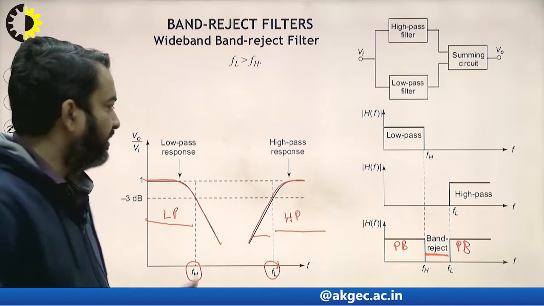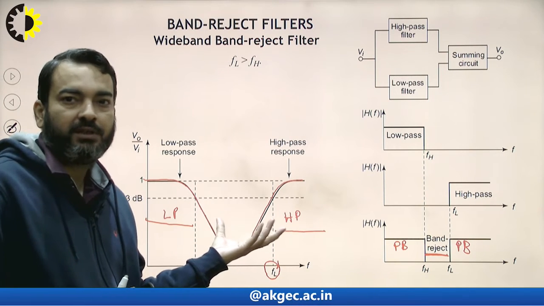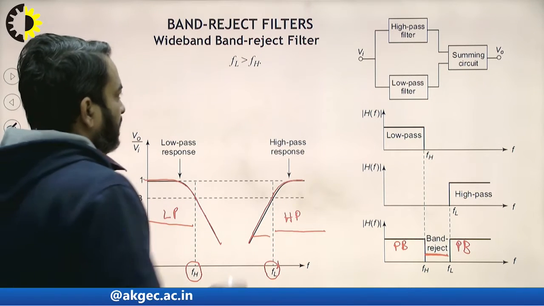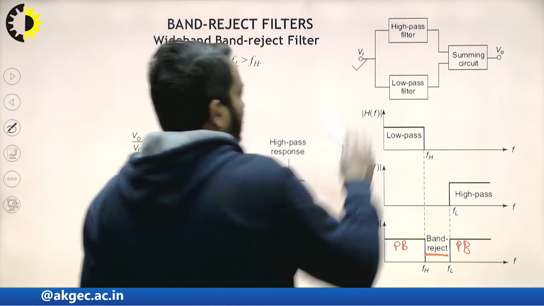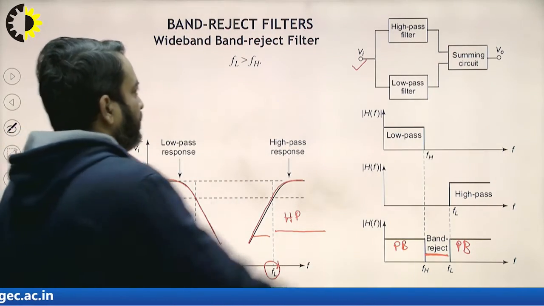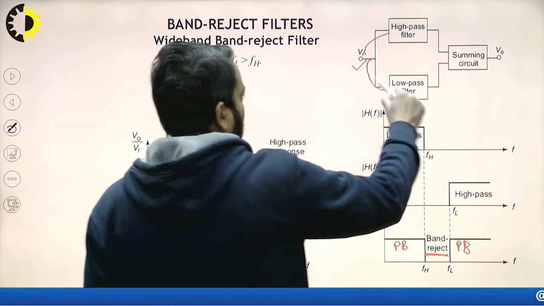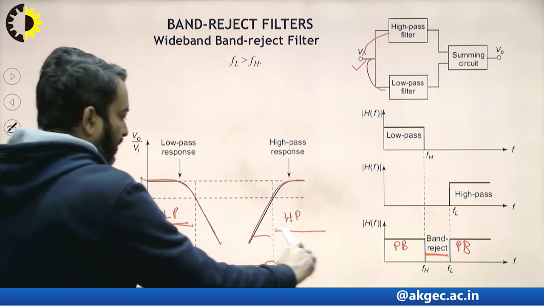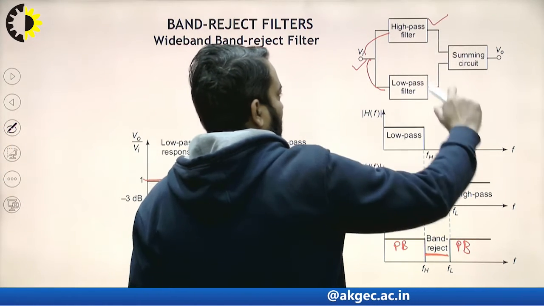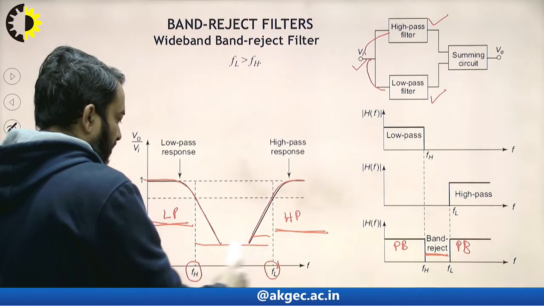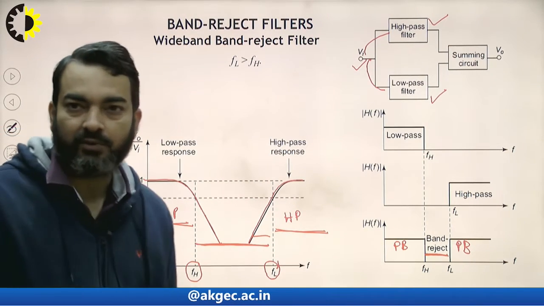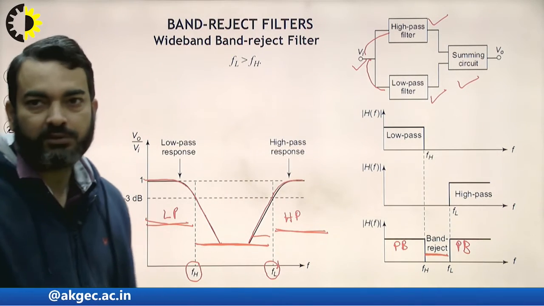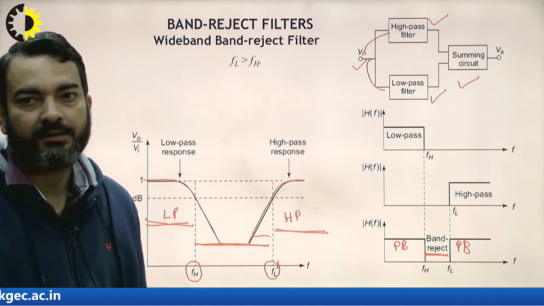And now by summing the output of these two filters, we will get the response of band reject. So this is the diagram. We have applied the input to both high pass and low pass filter. These frequencies are passed by this and blocked by the other. This is the common zone which will be blocked by both the filters, and then we will add these two outputs to get the band reject response.